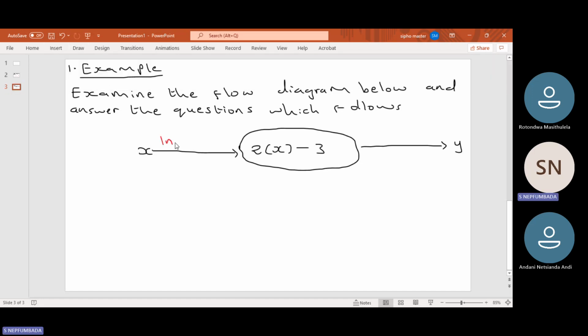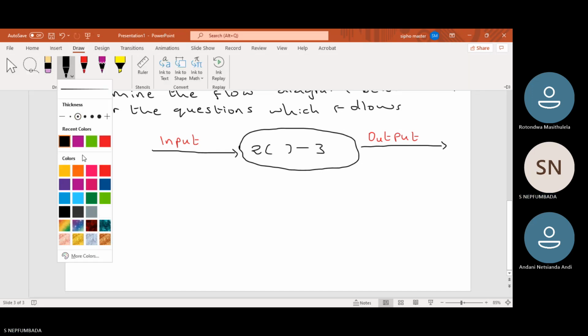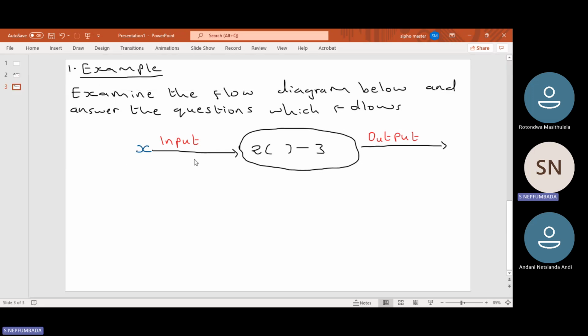So we've got what we call input and output, which is x and y. Are we still together? In order for you to understand what we are doing, let me write our x in blue. Then you will see that we put x in blue.